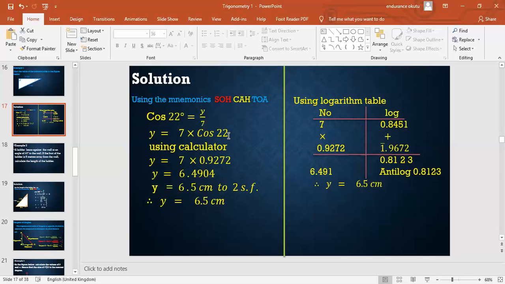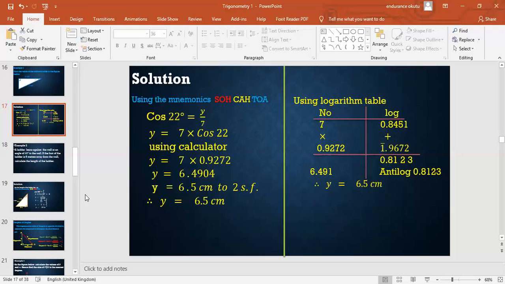Multiplication in logarithm, we are now going to add. When we add up, we have 0.8123. When we take the anti-log of 0.8123, we have 6.491. So to two significant figures, our answer is 6.5. All right, class, this is just an example of logarithm.